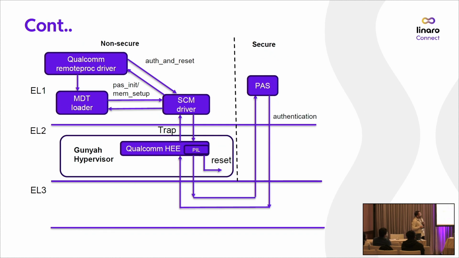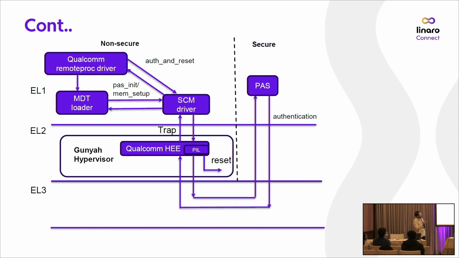The call will first be trapped by the hypervisor, then go to the EL3 monitor, and finally to the secure side EL1, where the PAS service will authenticate those images, and then it will come back, and then auth and reset will be called. There also, the metadata is validated first, then the real images get validated.